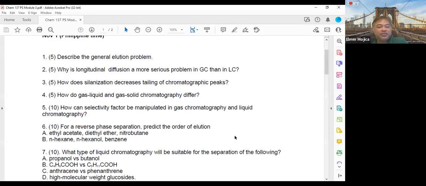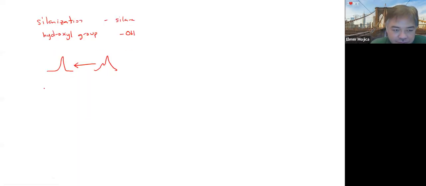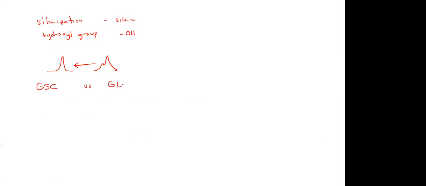So how does GLC differ from GSC? How are the two different? Sir, in GSC, it uses a solid adsorbent as a stationary phase.